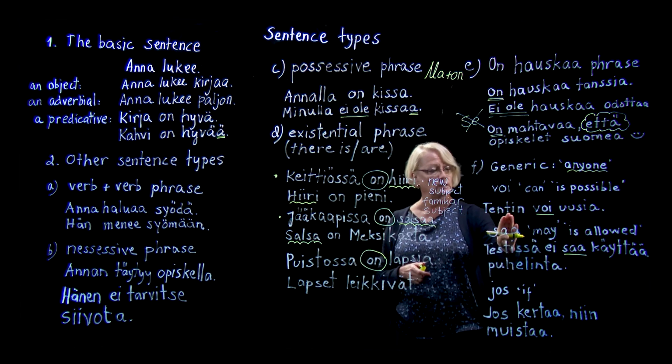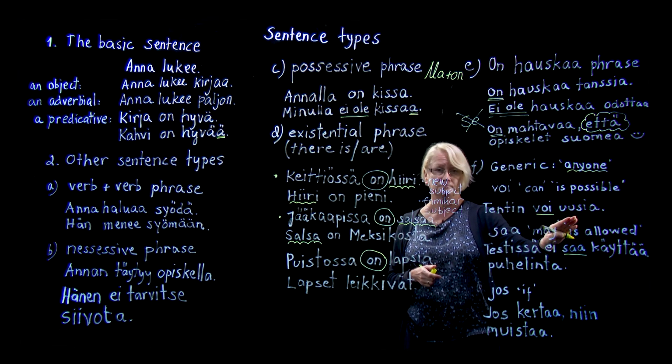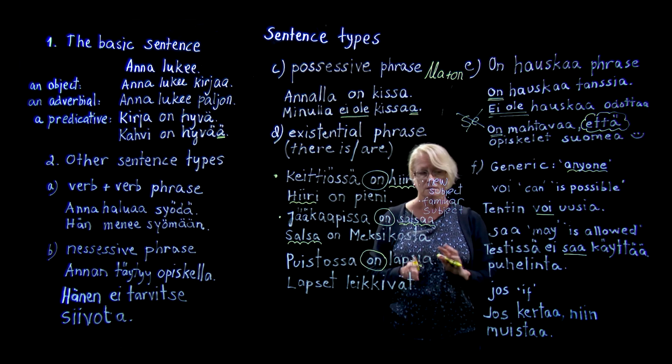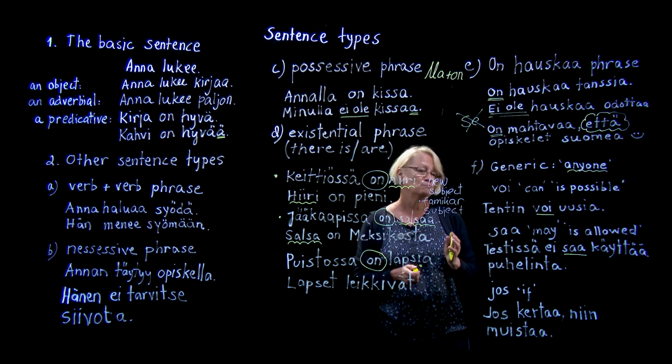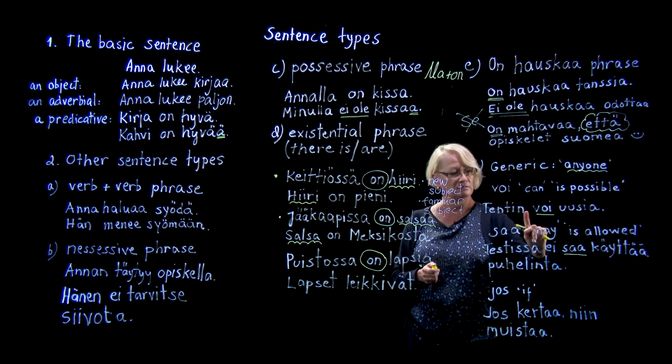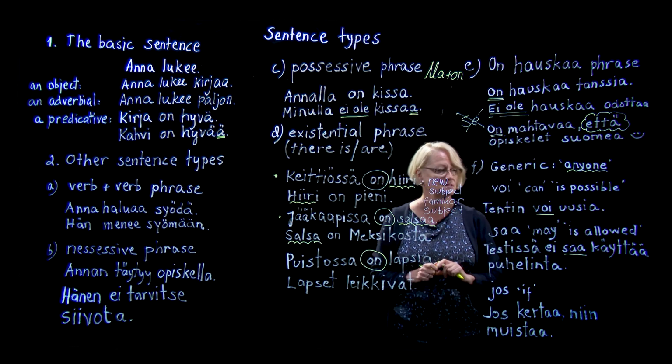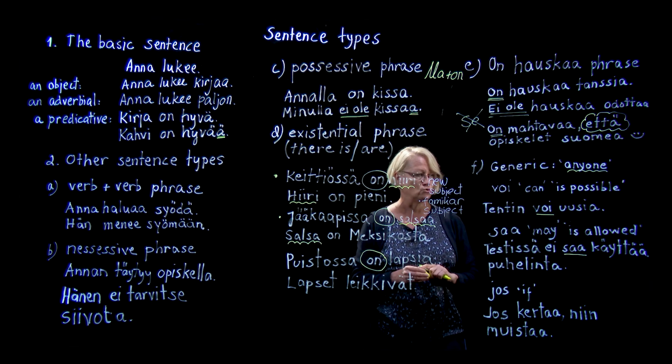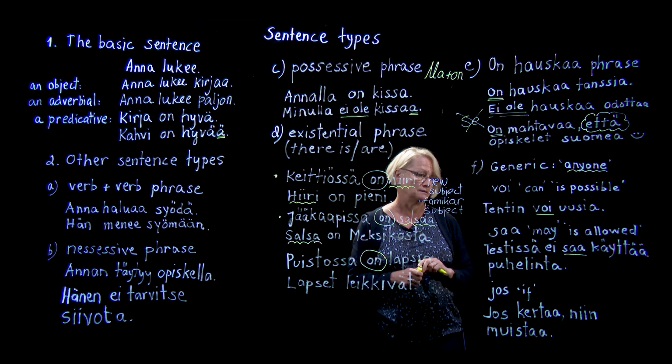For example, tentin voi uusia. In English you would say, you can retake the exam. But you see in Finnish there is no subject. Tentin voi uusia. So anyone can retake the exam.